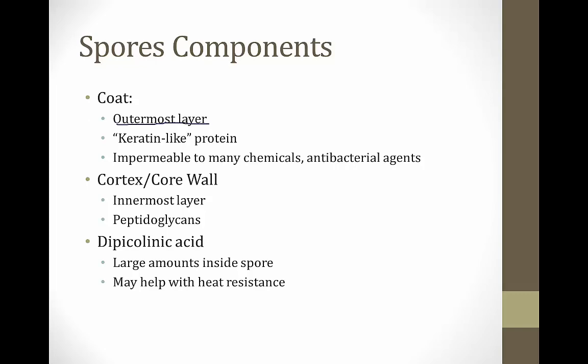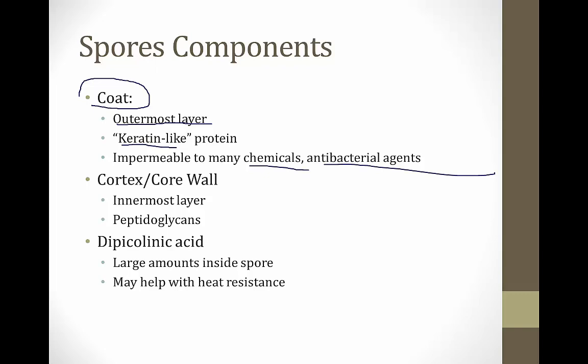So the outermost layer of the spore is called the coat, and the coat contains a protein that's similar to keratin, and you may know that keratin is found in our skin, hair, and nails, and it gives structure to a lot of parts of the human body. And this coat layer is impermeable to lots of chemicals and lots of antibacterial agents, and this is why it's so hard to kill the spores of some bacteria.